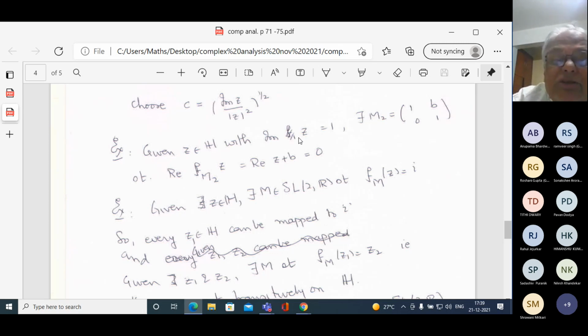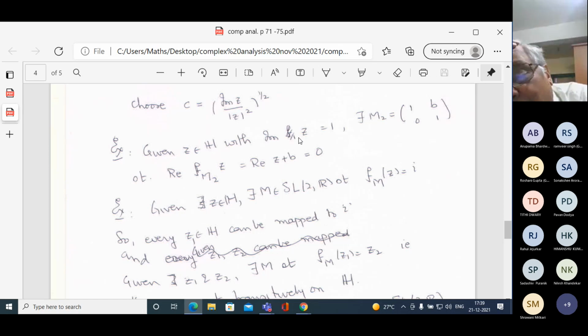And therefore, by doing a combination of these two, you can find an M such that F_M of z is equal to i. What does this mean? This means that every z in H can be mapped to i by an M in SL2R. And remember, every SL2R element is an automorphism of the upper half plane.